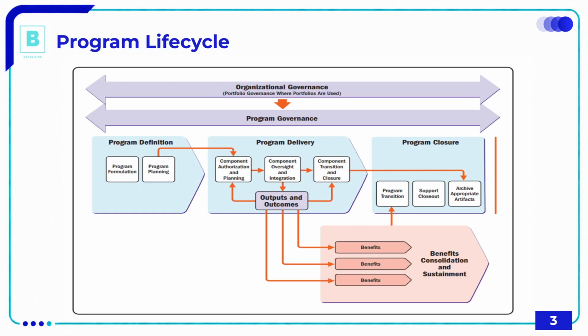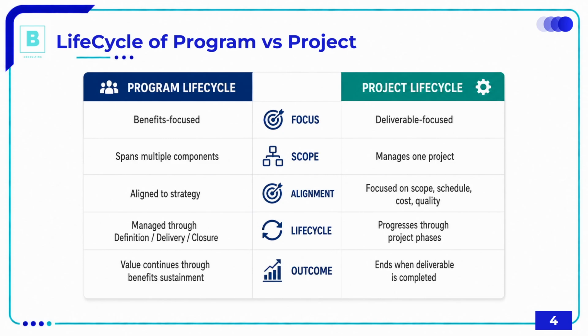We covered the three major phases: the program definition phase with its sub-phases of program formulation and program planning; the program delivery phase, with component authorization, oversight and integration of the components, and the transition and closure of the components; and then the program closure, transitioning the program benefits, supporting the program closeout, and archiving the appropriate artifacts of the program.